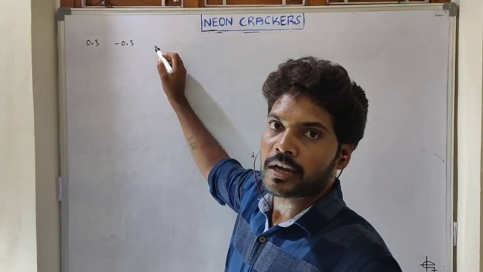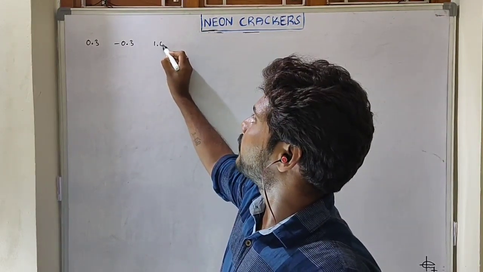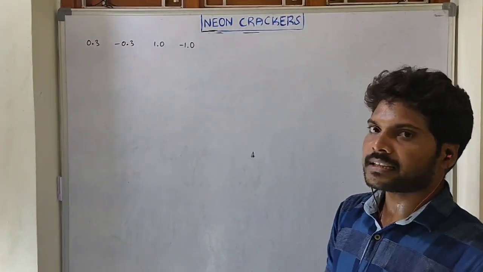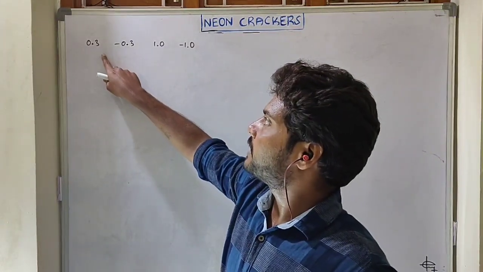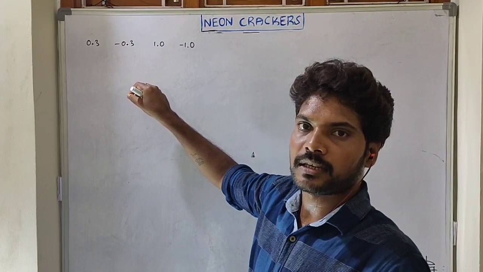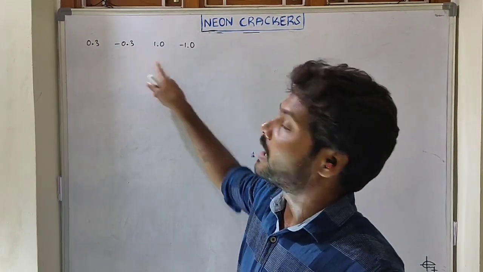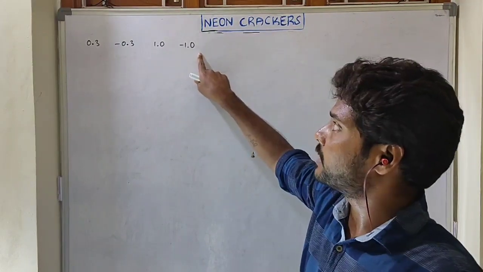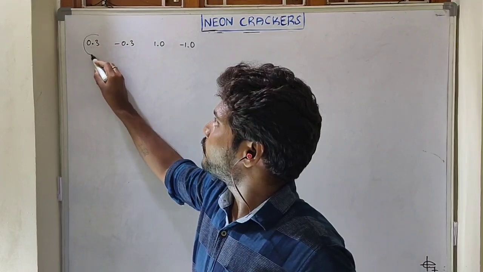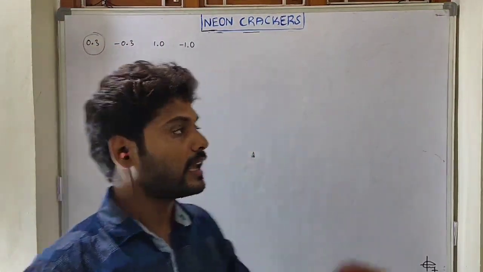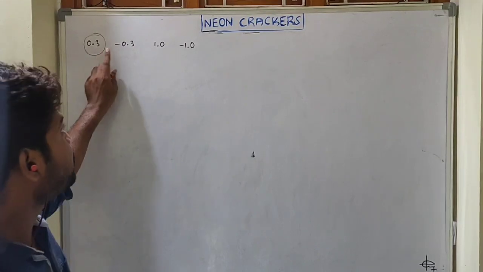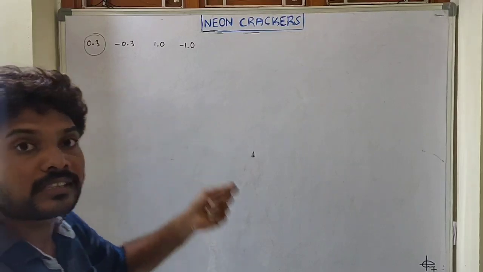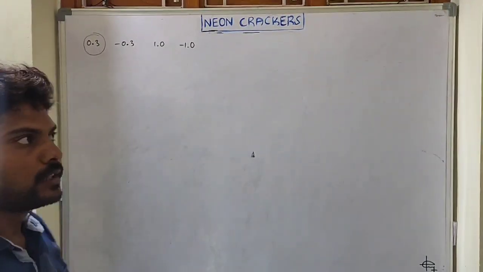If you make any wrong calculation or sign change, you can get other answers, like minus 1.0 or 1.0. So you have to do exact calculation with the concept, then only you can get the exact answer, either 0.3 or minus 0.3. You may get the magnitude 0.3, but what is the sign? That is important.